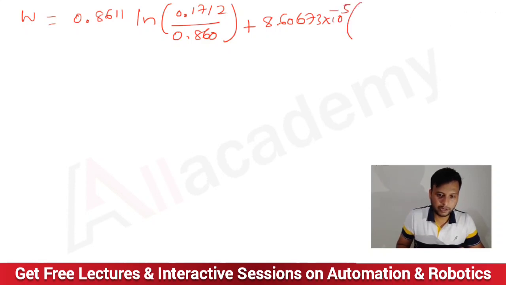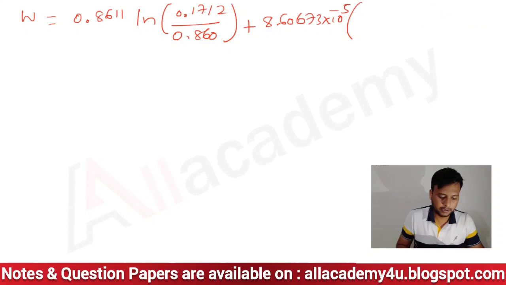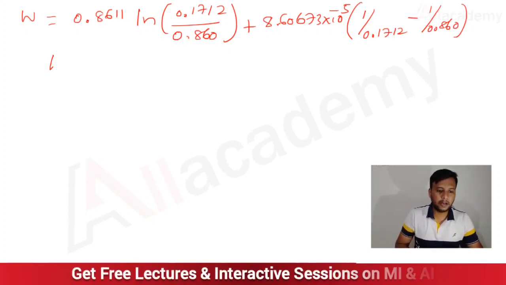I have taken the minus outside which was there already, multiplied it here, so directly I'll write V2, that is 0.1712, minus 0.860. Now if I simplify this one, I will get the work done, that is W.